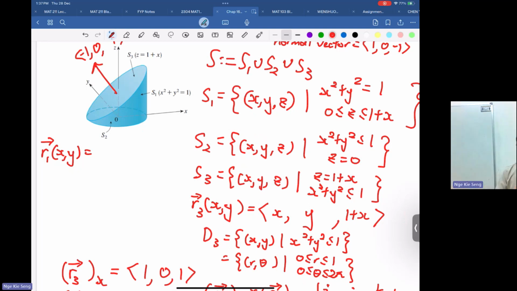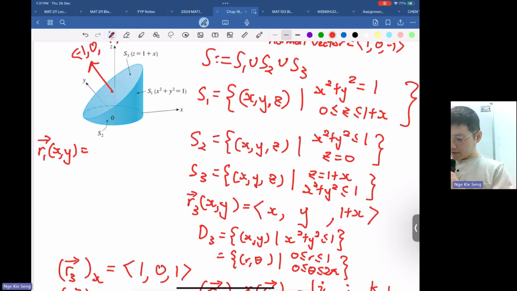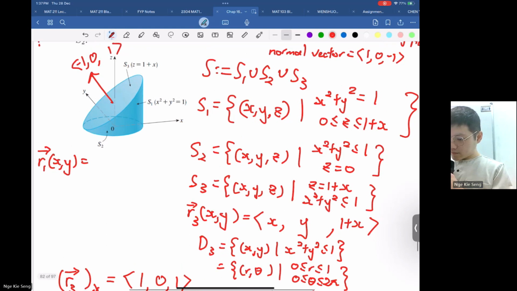What's the best way to parameterize the x1? Using two variables, right? What kind of variable do you want to use? Theta and z. Why would you use theta and z?